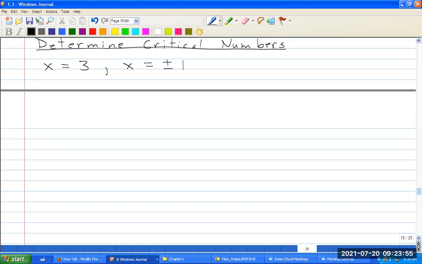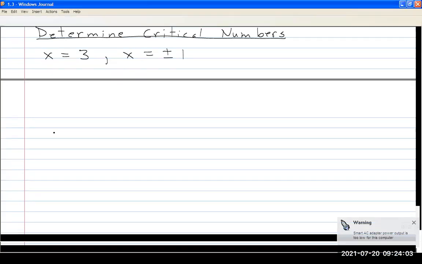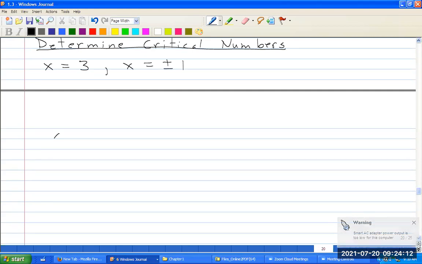So let me do the fact that x is less than or equal to 3, and the fact that x minus 1 times x plus 1 is greater than or equal to 0.